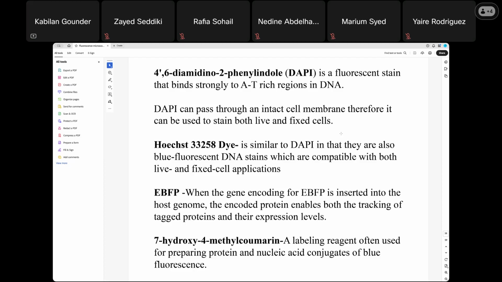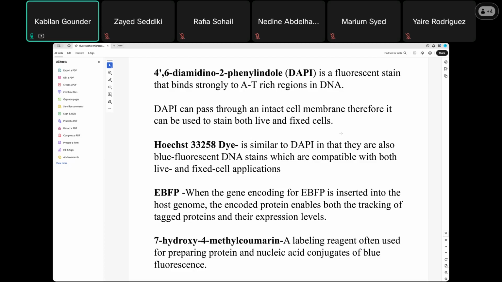Also, Hoechst dye is similar to DAPI in that it is also a blue fluorescent DNA stain, compatible with both live and fixed cell applications. Then EBFP: the gene encoding EBFP is inserted into the host genome.